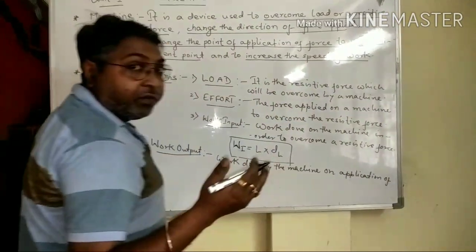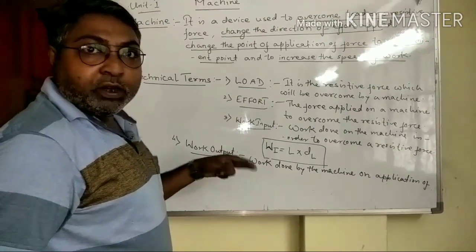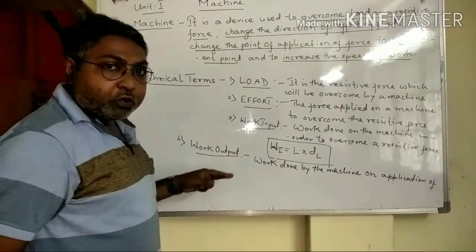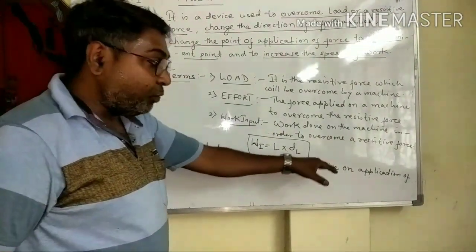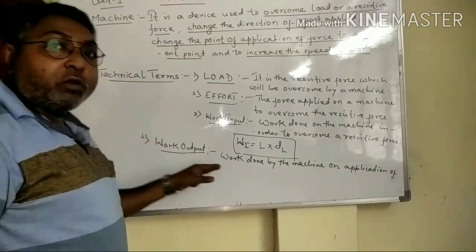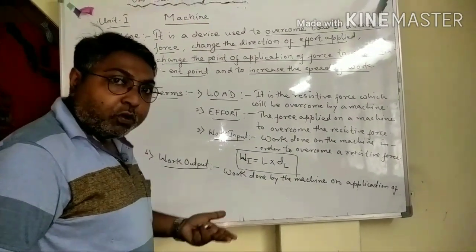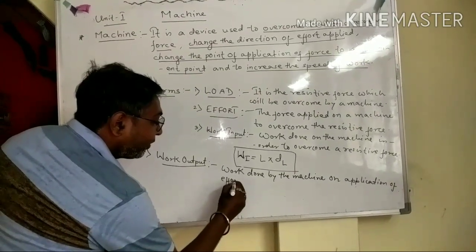Unless you give an effort on the machine, the machine will not do a work for you. That is why I am emphasizing that you have to apply an effort, then only the machine will do a work for you. That is, there will be an output of work. Work done by the machine on application of effort.